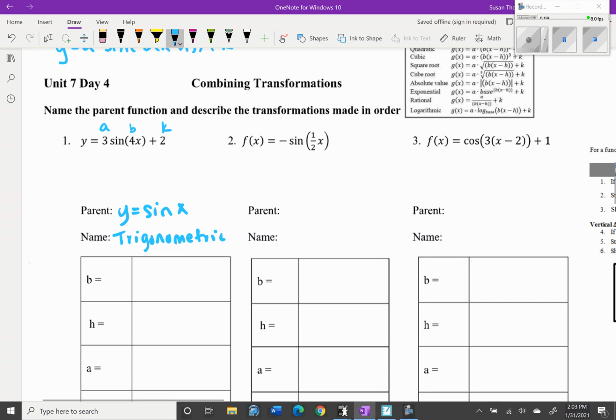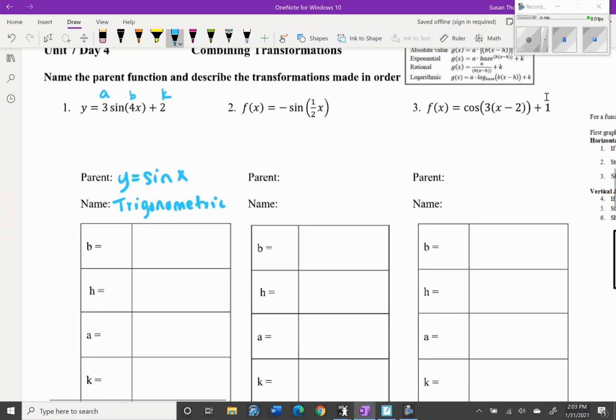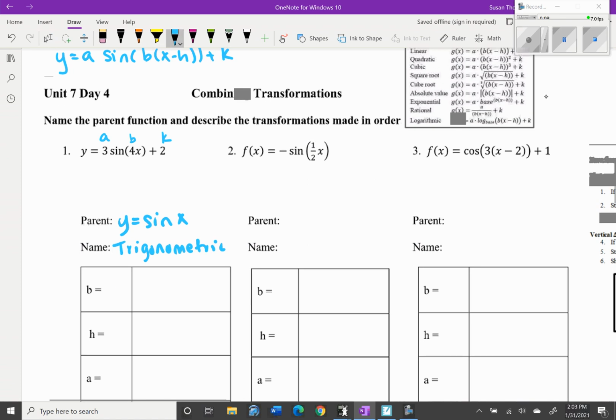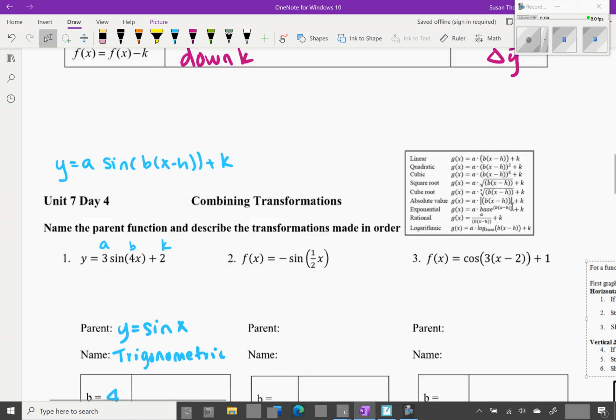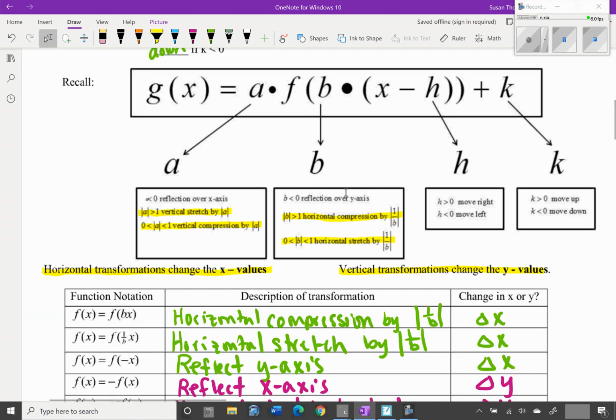So our b value is what we always start with because we want to follow the order of operations. We do our things inside the parentheses attached to x. So notice that the order I'm always going to be following is b, h, a, k. So b in this case is 4. And so if you need to go back to your graphic organizer and look up here, if our b value is less than 0, it reflects across the y-axis. It's not in this case.